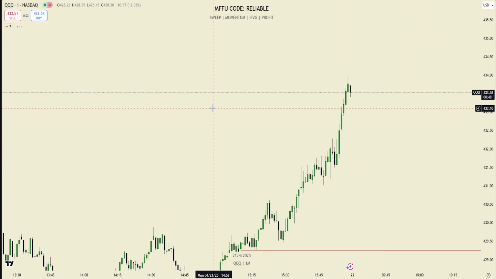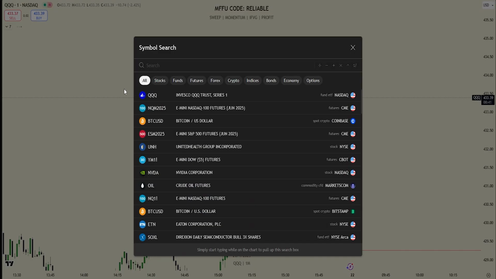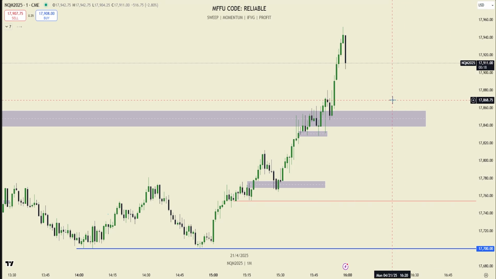So today I bought QQQ at 433, and we're ending the day with $1.50 profit. Let's go. Oh.